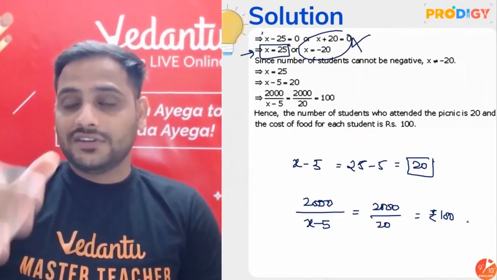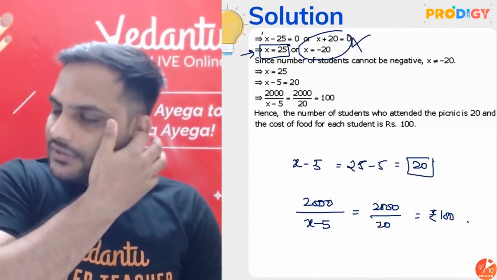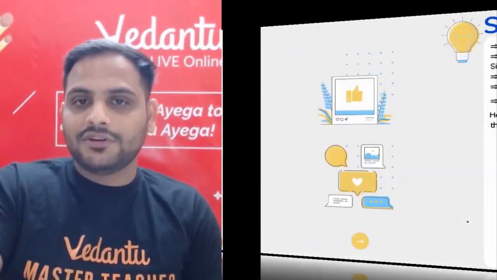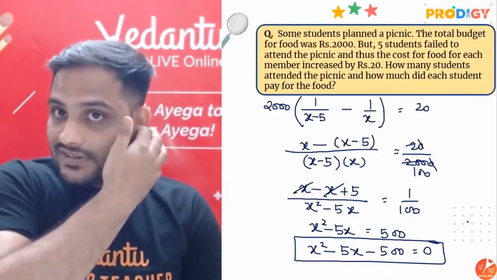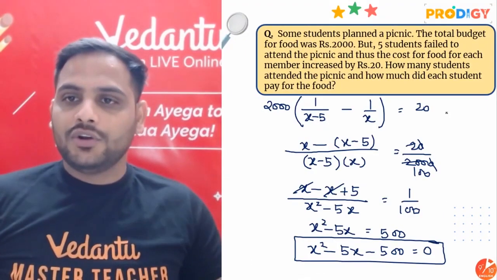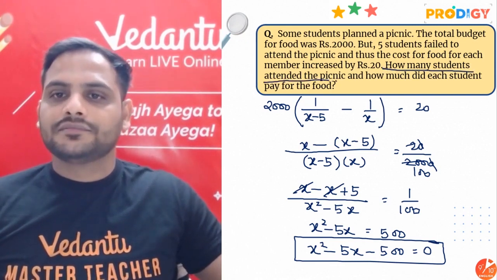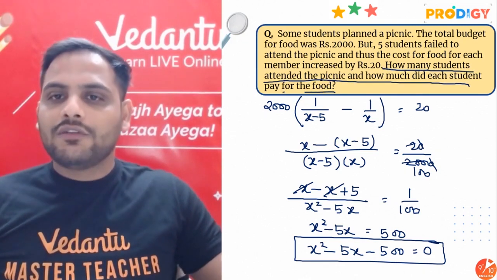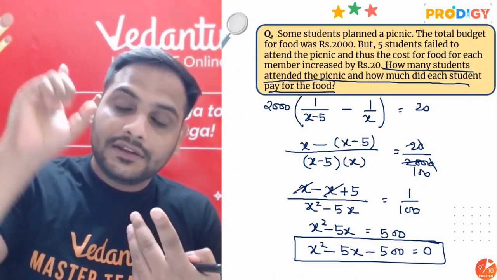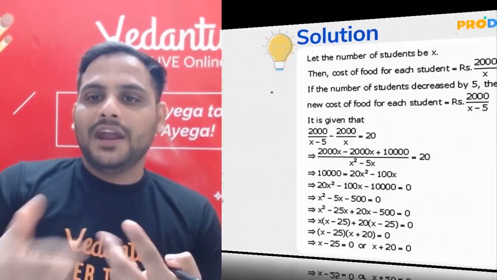Very good question. But one trick I would like to tell you, beta: whenever you are reading any question, especially application part, it is very important to understand what the question is asking and keep that in your head. At the end I have to find out how many attended the picnic and how much each paid for the food.